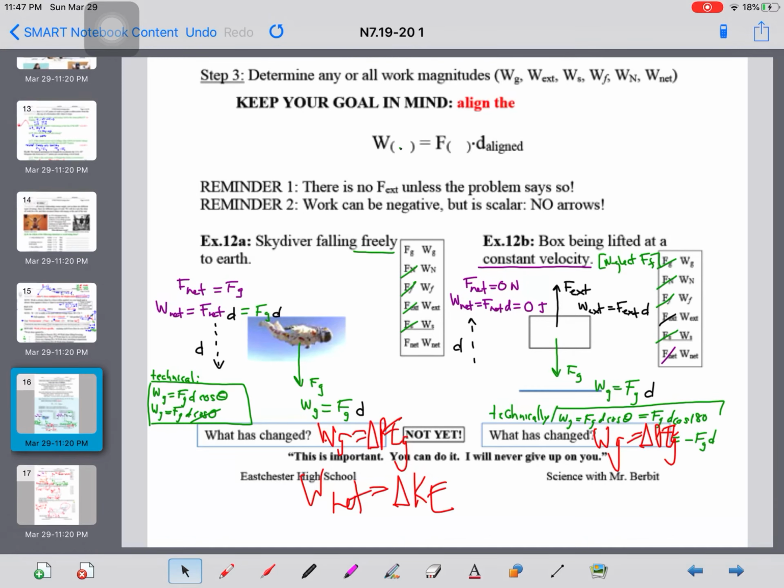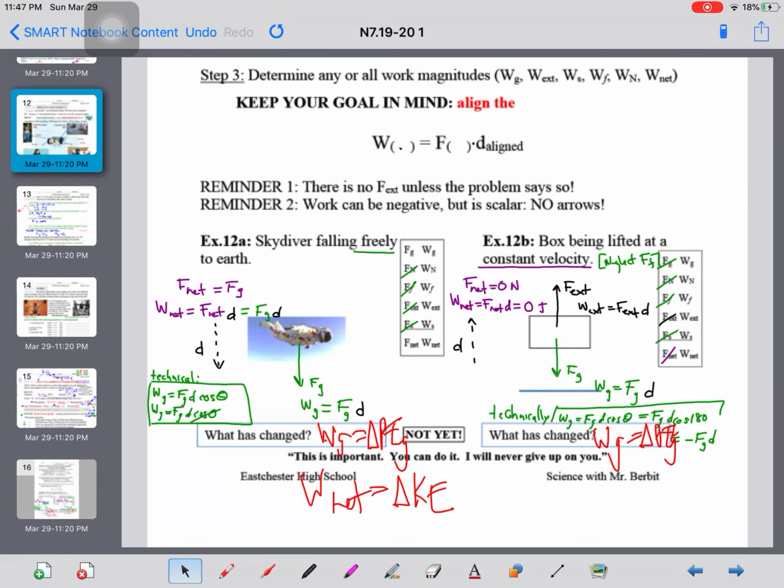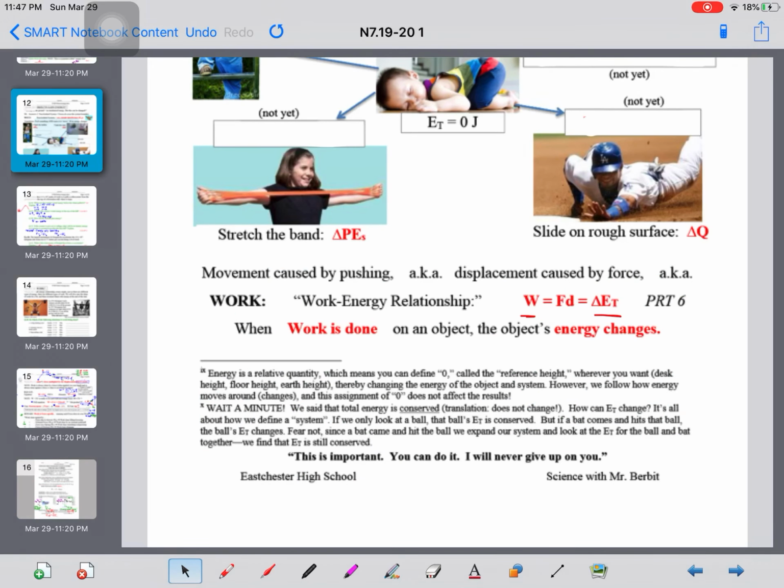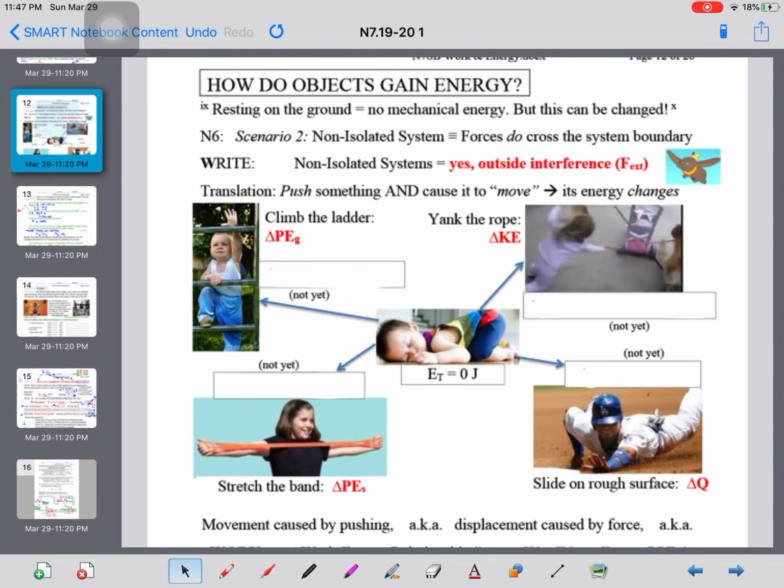All right. The only other one we had in here was back to page 12. And we said not yet. You can fill in these not yets now. These are basically just what we saw in that chart on the bottom of page 23.